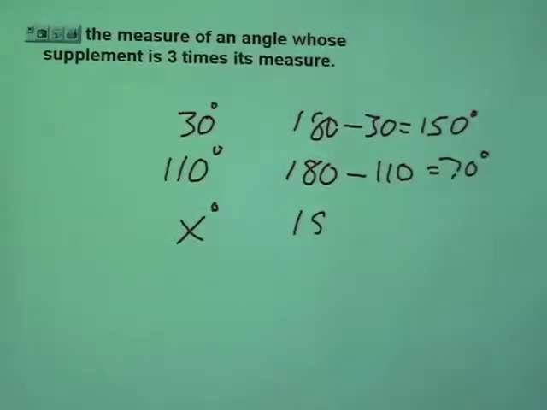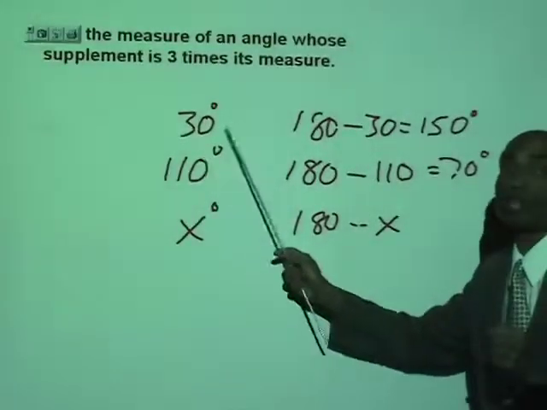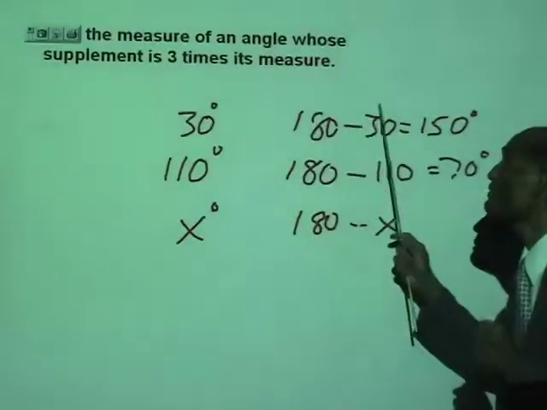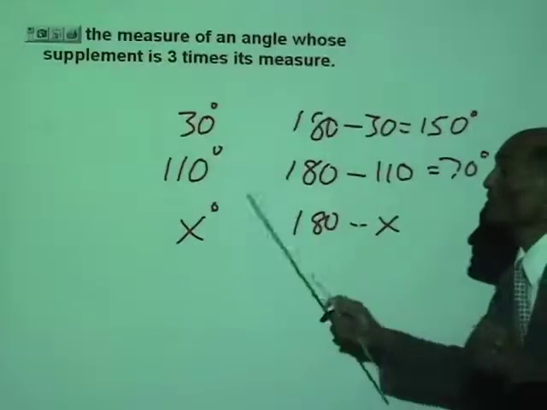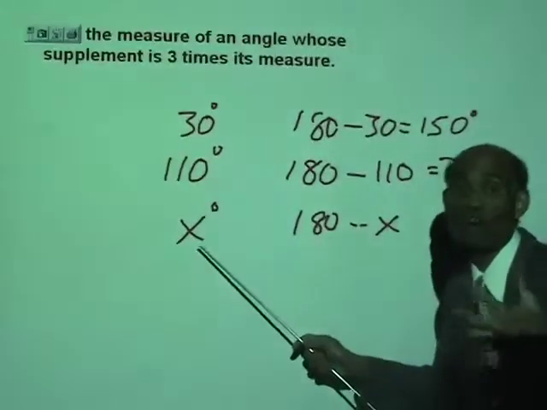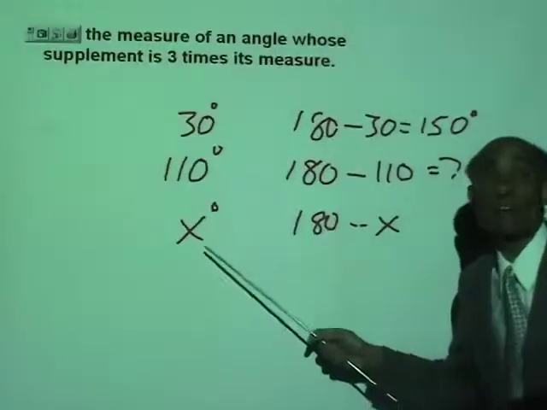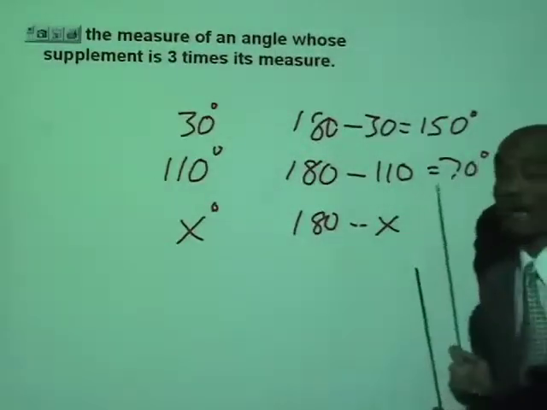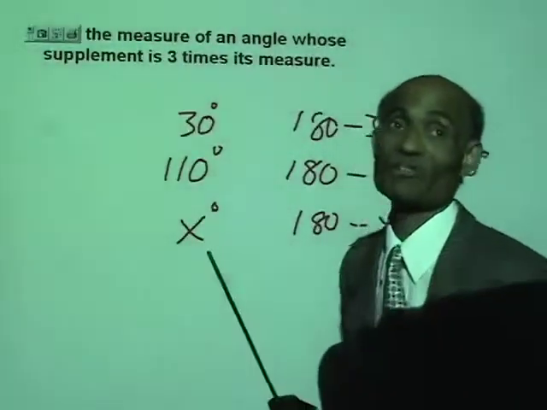That will be 180 minus x. I hope you understand this. The supplement of an angle is 180 minus that angle. So if you want to find the supplement of an angle called x, it will be 180 minus x.